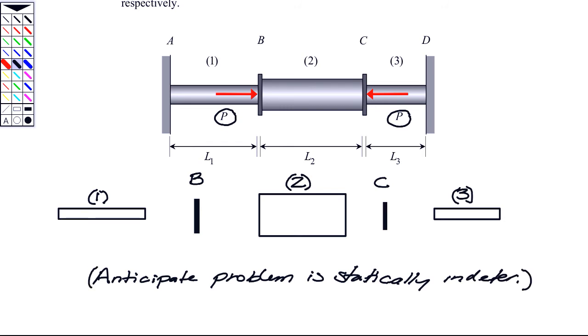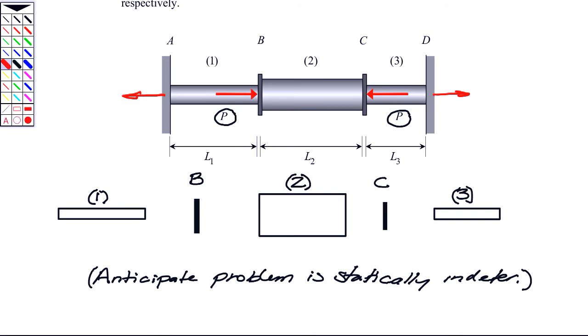If we look at the rod as a whole, and just look at the forces acting from the outside, there would be an axial force at A and an axial force at B. And since we only have one equation for the rod as a whole in the x direction, we would be looking at 2 unknowns for that single equation. So anticipate that. Know that that's going to influence the way that we solve the problem.